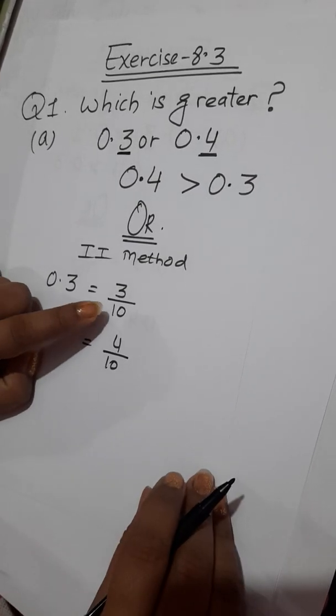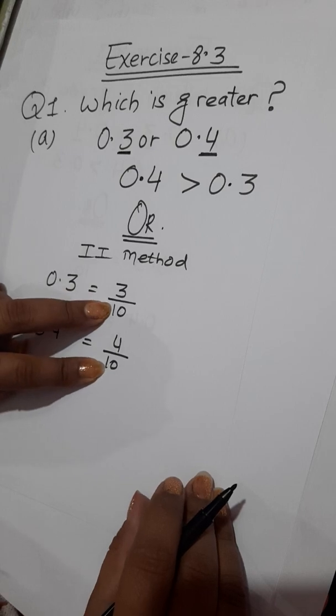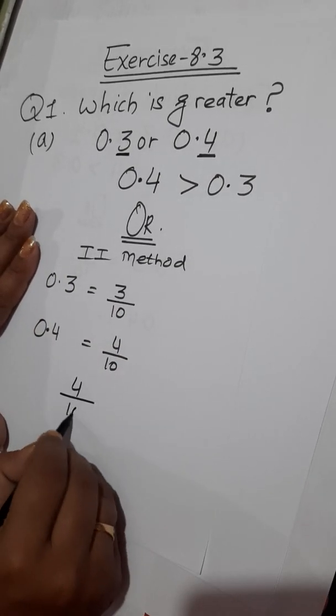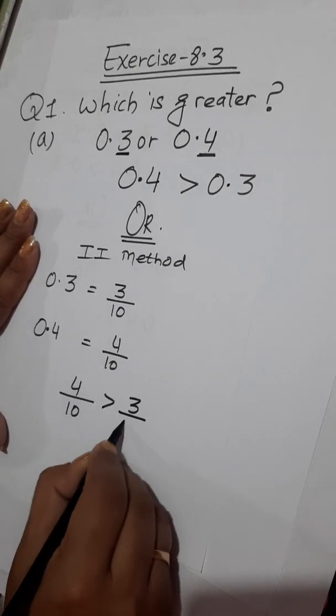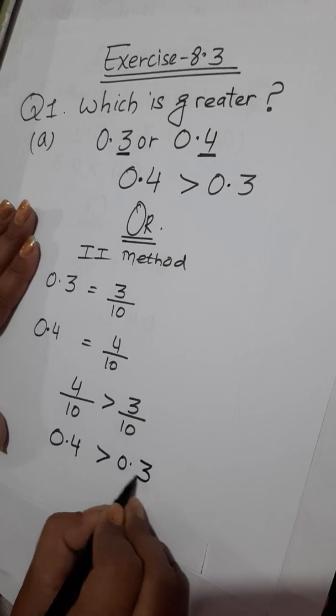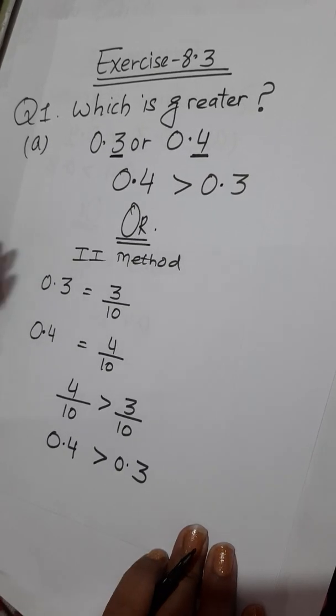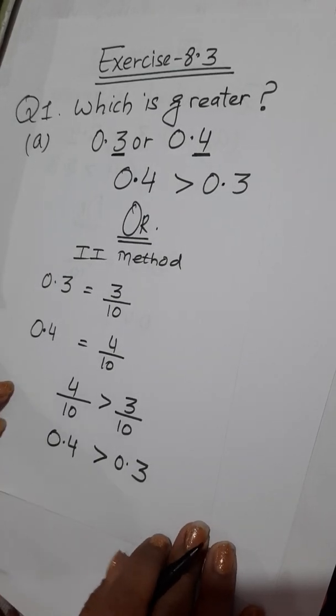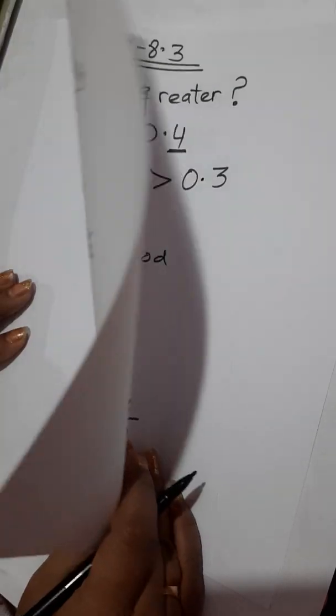Now both the denominators are the same. If denominators are the same, compare the numerators. So it is very clear 4 upon 10 is greater than 3 upon 10. So 0.4 is greater than 0.3. You can solve the sum like this or in this way. Both ways are correct.